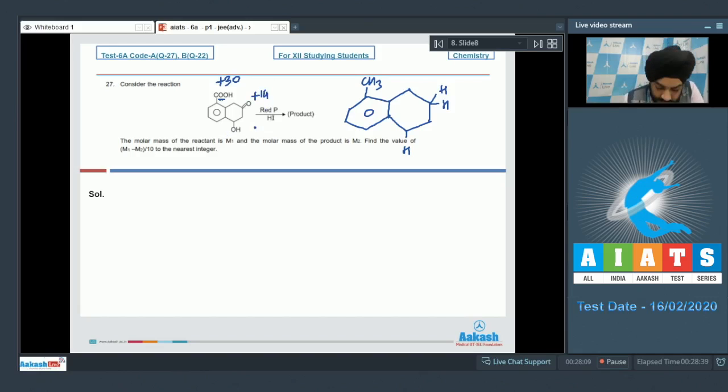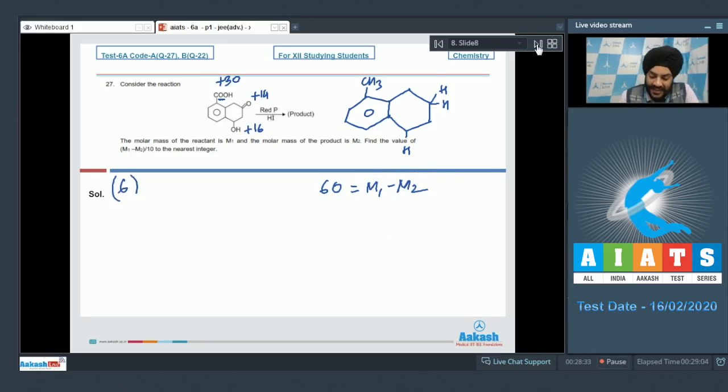And if we talk about the alcohol group, only the oxygen is removed. So there's a difference in molar mass of 16 units over here. So we can clearly see that the total difference in the molar masses is 60. So M1 minus M2 is equal to 60, and when it is divided by 10, the answer comes out to be 6. So students, for question number 27, we have to report the answer as 6.